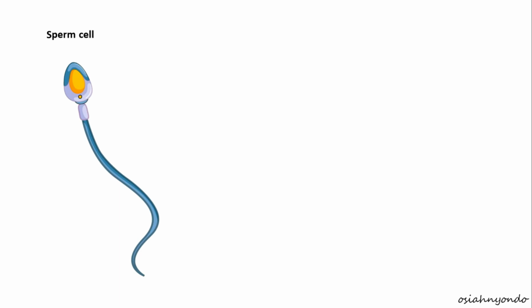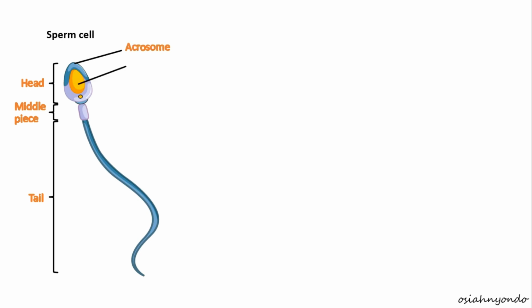Sperm cell. This cell is divided in three regions. We have the head region, the mid-piece region, and the tail region. Now let's focus on the parts. We start with the head. The head comprises the acrosome, the nucleus, and the centriole.